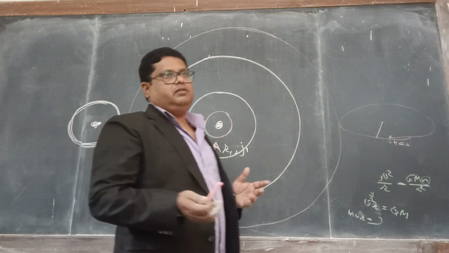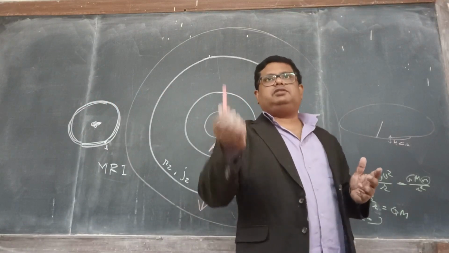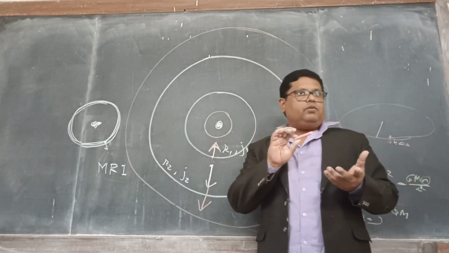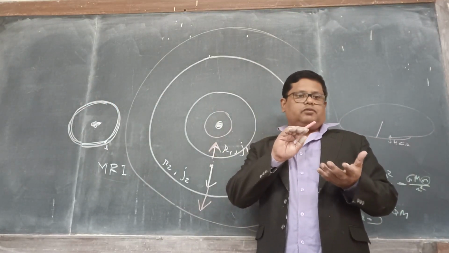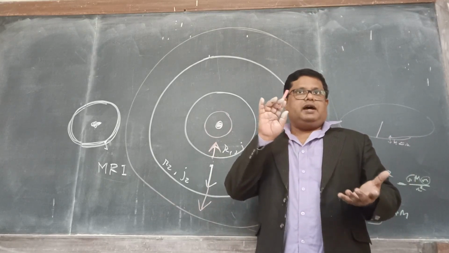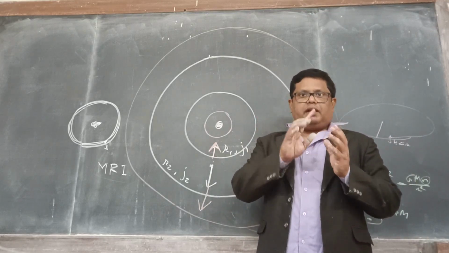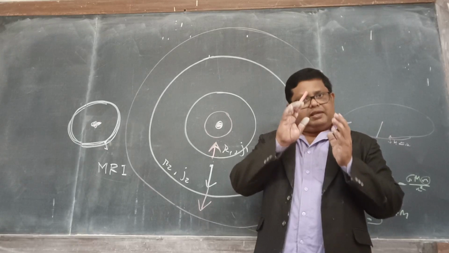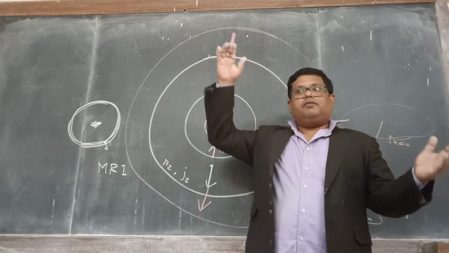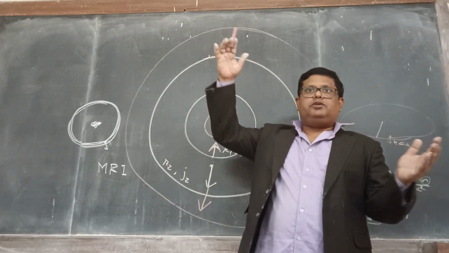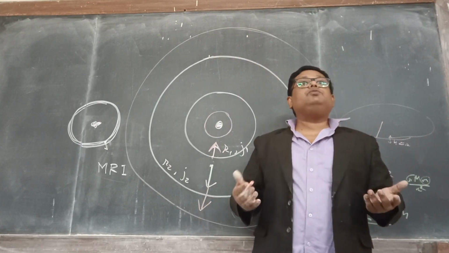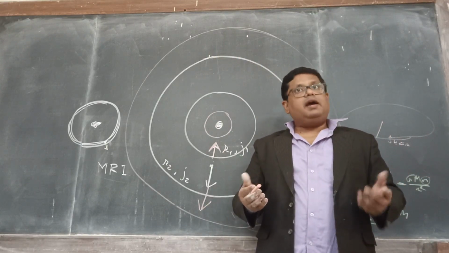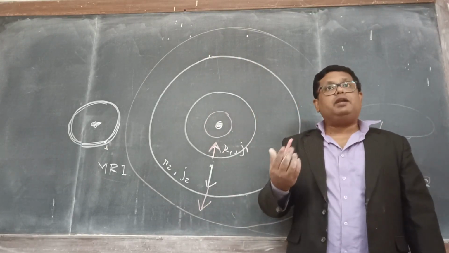This you have seen in class 11 also, circular orbits and all that. Today what I have done is talk about different circular orbits, and I am telling you that a particle can go from a larger circular orbit to a lower circular orbit by losing angular momentum. And later on, think of it, what will happen?